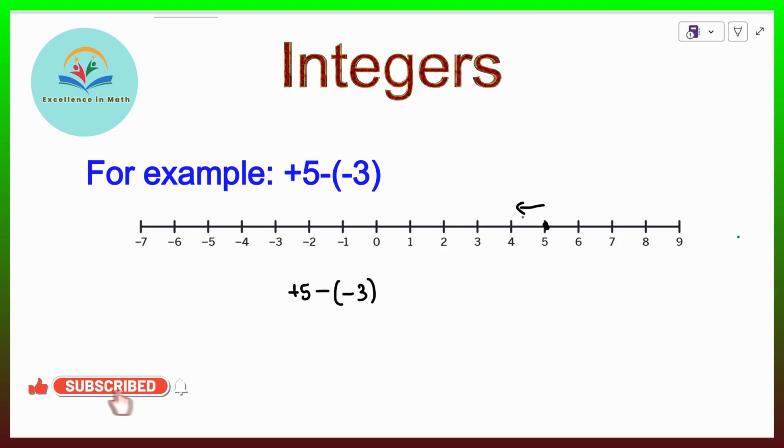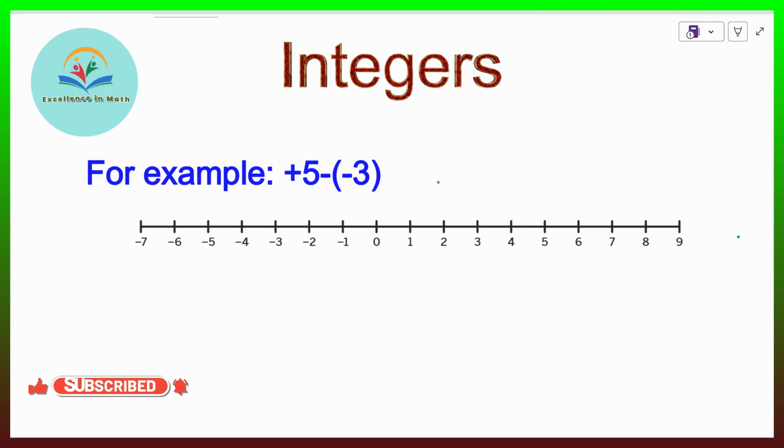But what are we taking away? We are taking away a negative number, isn't it? So this negative also refers to a change in direction. So indirectly, the subtraction of a negative number results in addition. So we need to take a change of 3 steps. That results in 8. Are you clear?